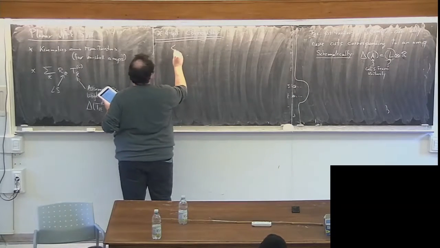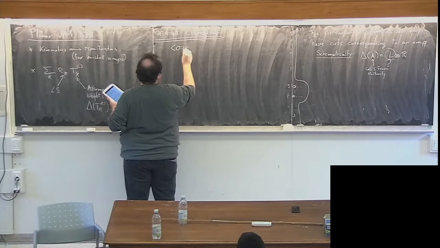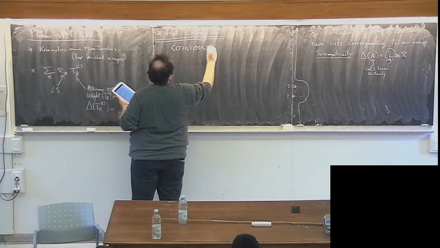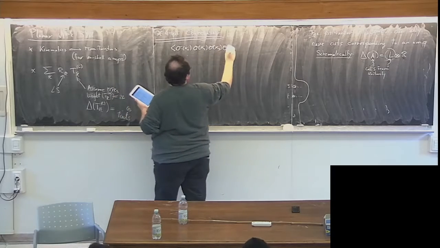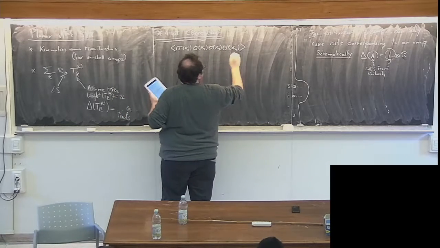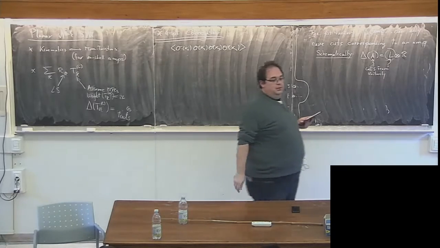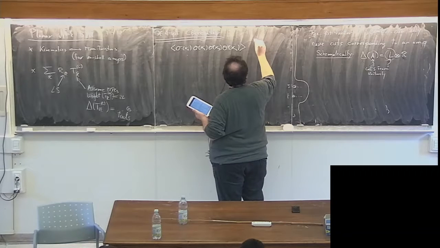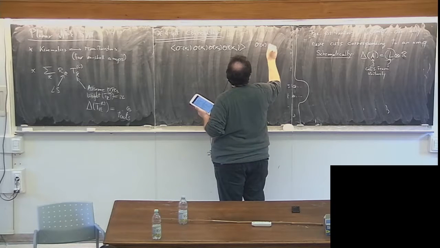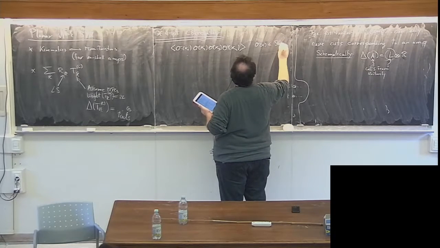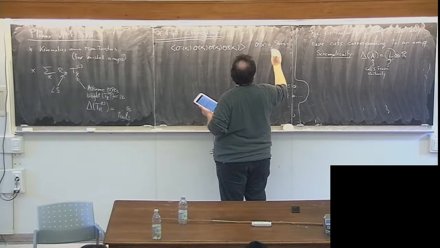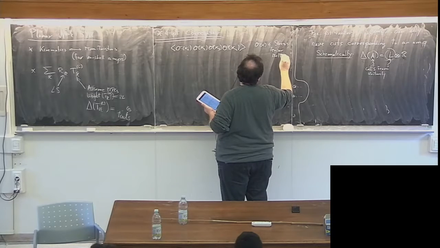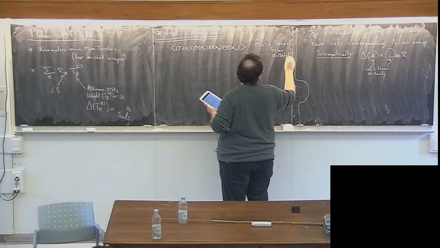So I take 4 operators, and let me not be more precise for now, of this type. I'm looking at an object of this type, where O are some operators. The operators that I have in mind are operators that correspond to what is called a stress tensor multiplet. The details are not important for what follows.